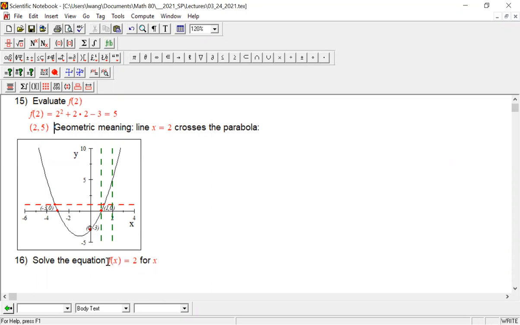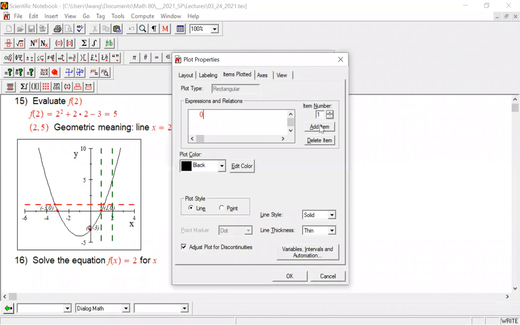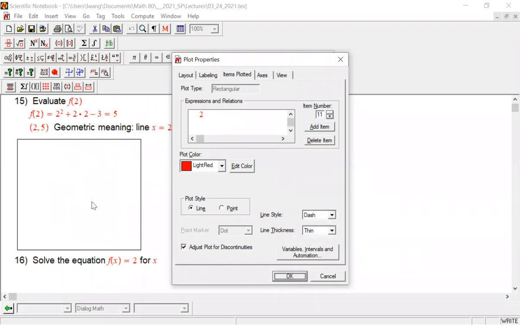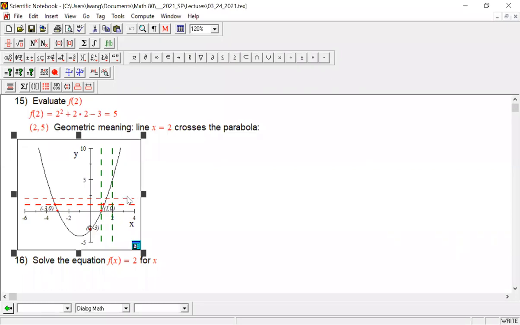And this time y equals 2, the output equals 2, meaning that the line y equals 2 cuts the parabola right here. So the second red line indicates f of x equals 2. Okay, I want you guys to mark these pictures.